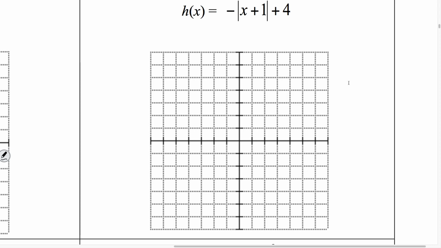Okay, h of x. Tell me your transformation. Up four, reflected across the x-axis, and a right one, I think.